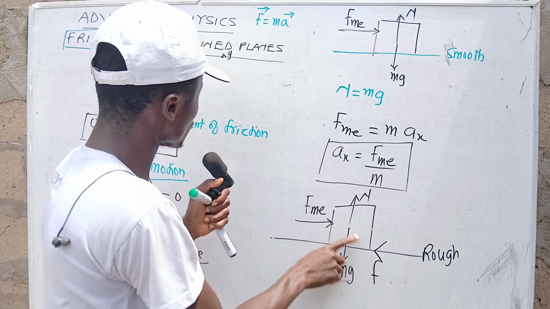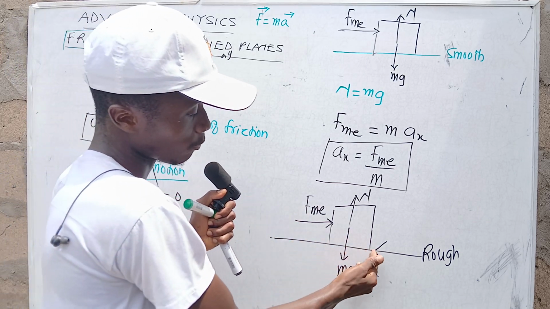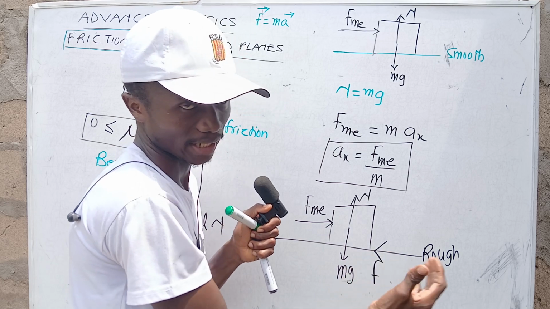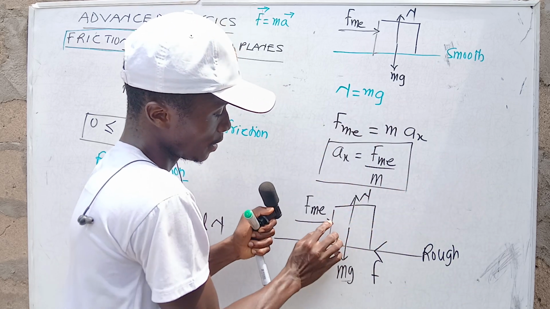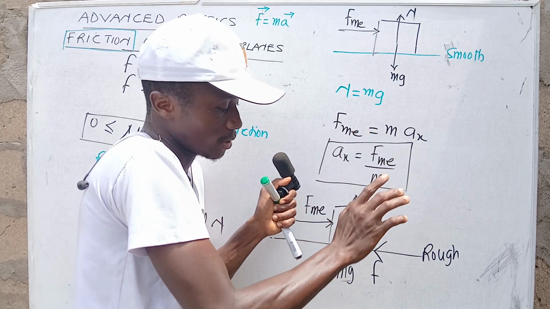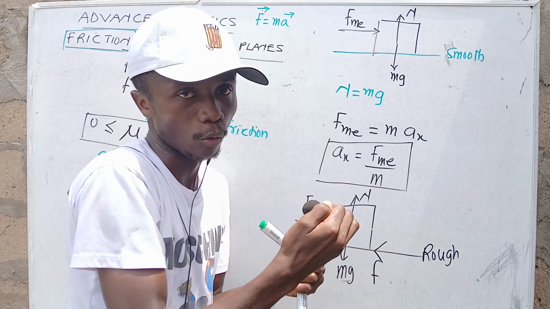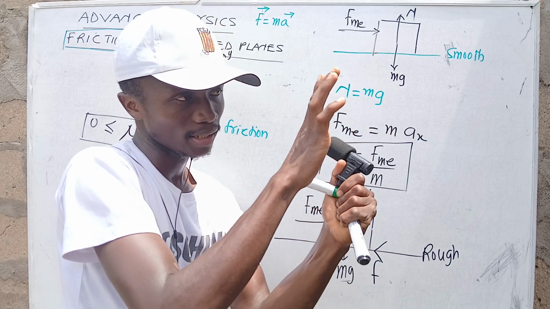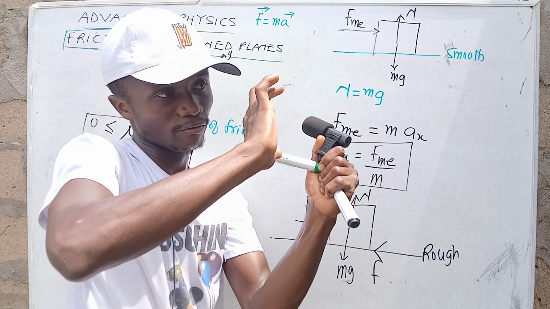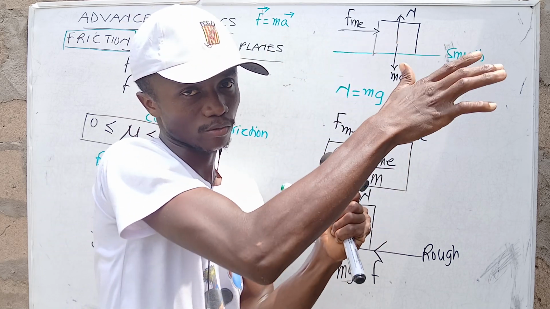So you see, friction lies between 0 and 1. So there could be a maximum that the friction can exert or oppose you. If you continue to apply the force, it will reach a point when the friction cannot increase anymore. It has reached its maximum. At that point, it will be a tie. And if you apply a little further than that, the object will start moving.